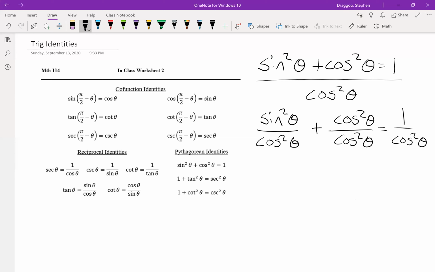I can simplify each of those to get tangent squared plus 1 is equal to secant squared, which is that second Pythagorean identity.